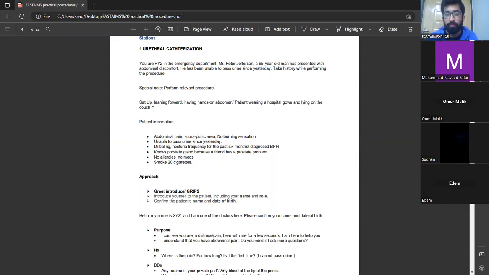The other way, the patient is wearing a hospital gown and lying on the couch. There are two different scenarios, but nowadays it's coming with the first one. The patient would be leaning forward with the hands on the abdomen, looking at his own feet.